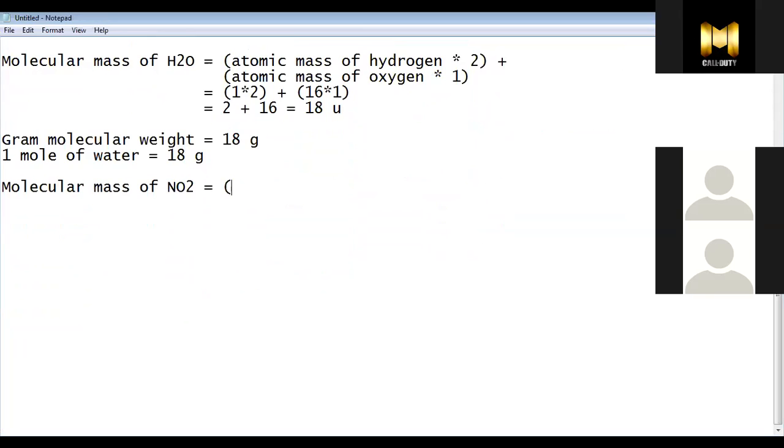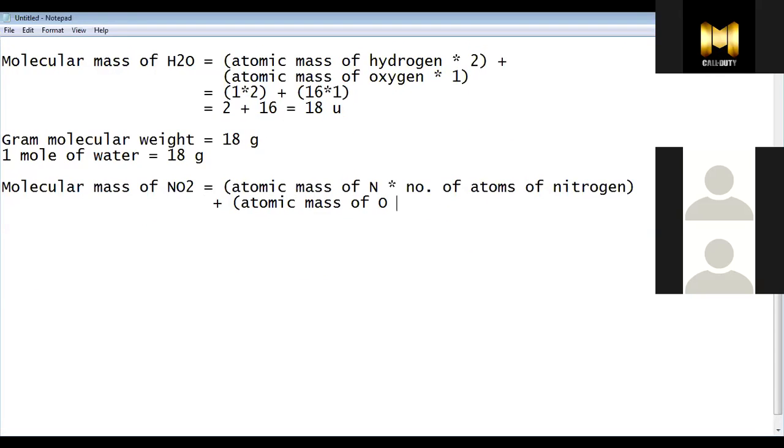Molecular mass of NO2 is equal to atomic mass of nitrogen multiplied by number of atoms of nitrogen plus atomic mass of oxygen multiplied by number of atoms of oxygen.